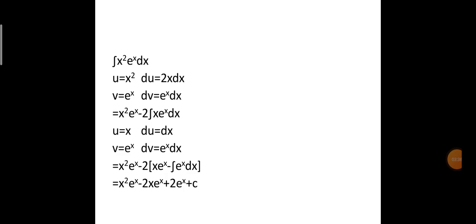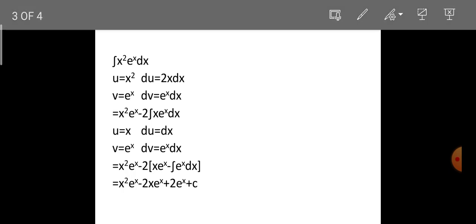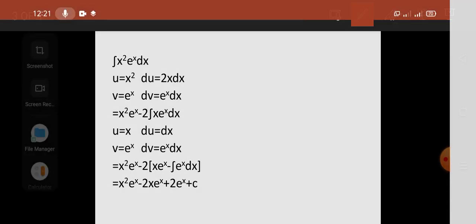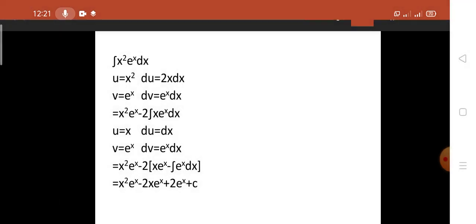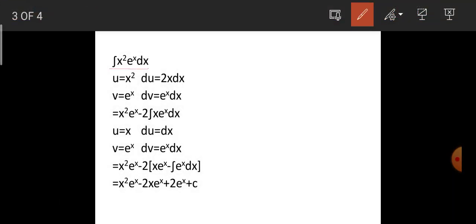For our next example, we have the integral of x squared e to the power of x dx. Since our problem has two functions, x squared can be let as u and e to the power of x can be let as v.